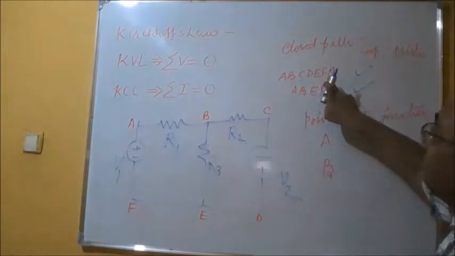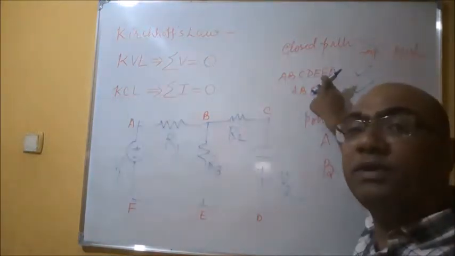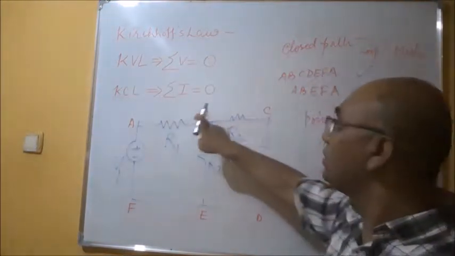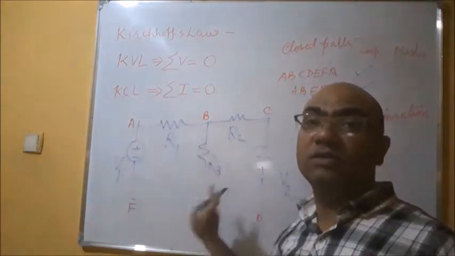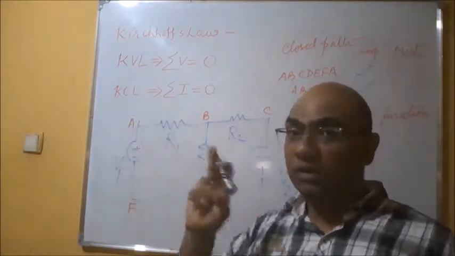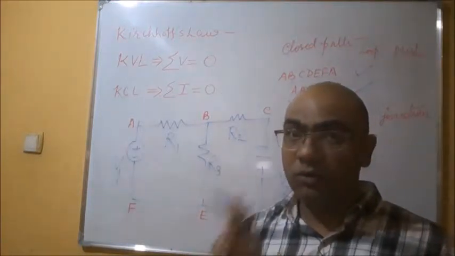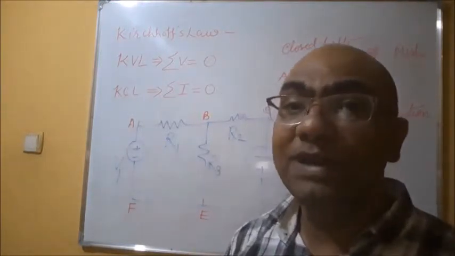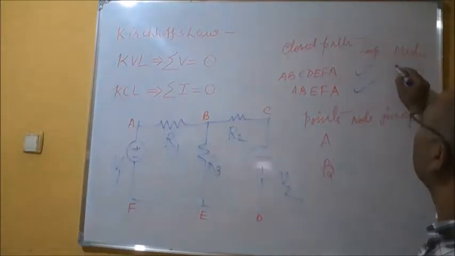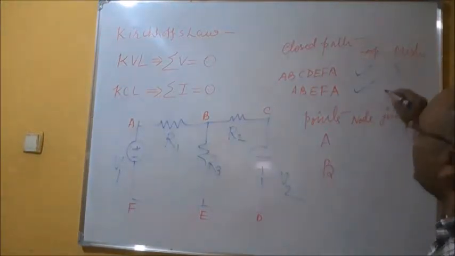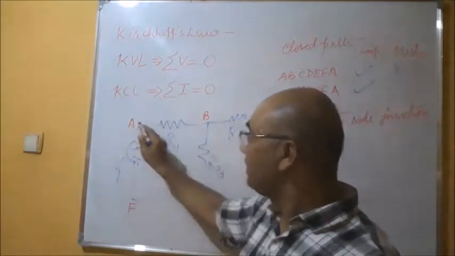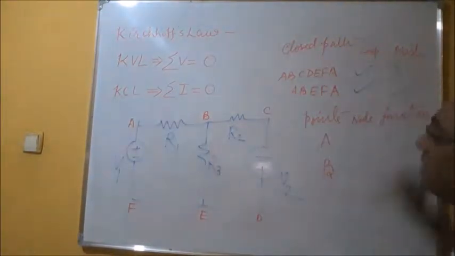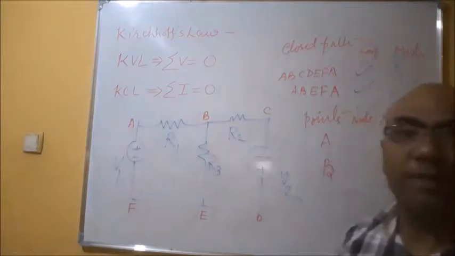But the big one cannot be a mesh, because when we take this closed path, inside this closed path we have two closed paths. So it cannot be a mesh. But here, this is a mesh, right?